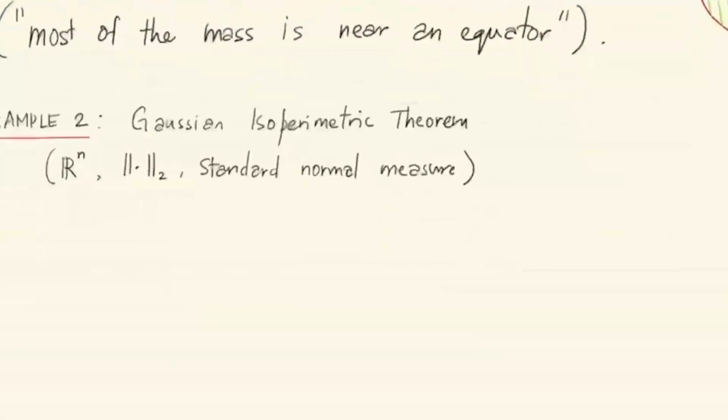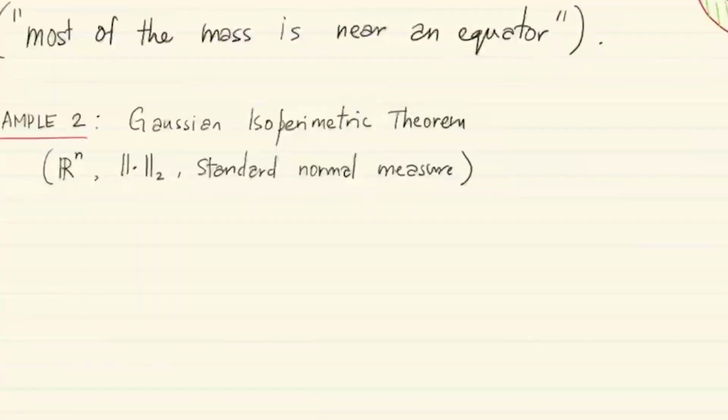The second well-known example of an isoperimetric theorem is what is known for standard Gaussian measure in n dimensions endowed with the usual metric, and we have standard normal measure, which is essentially independent Gaussian measure in all coordinates. So here the statement of isoperimetry, so what are the optimal sets?